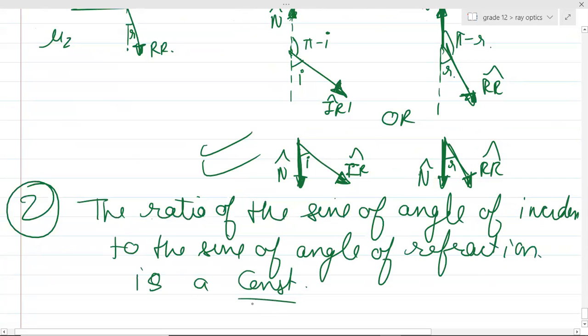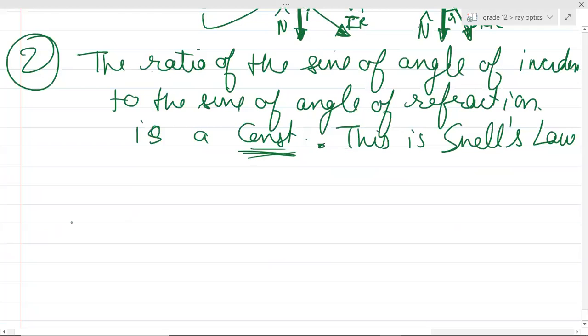Okay, this is basically called Snell's law, but we'll never be using it like this.